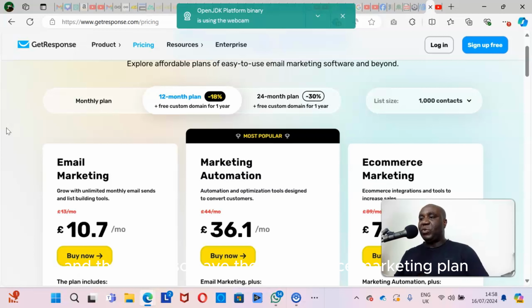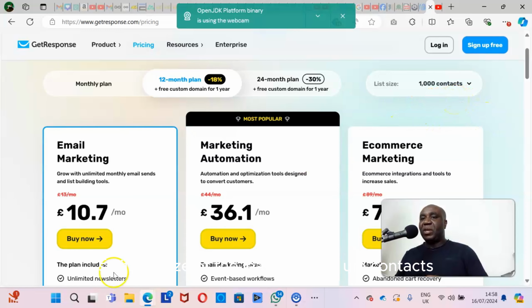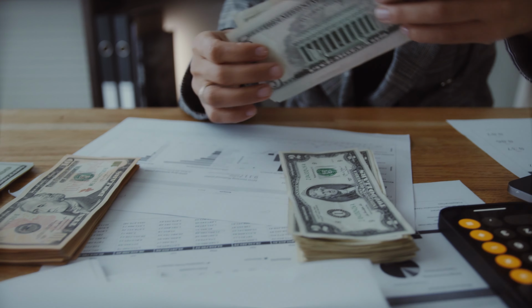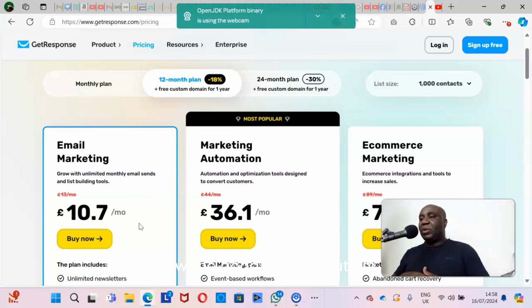You look at the size of the list: if the list is 1,000 contacts, it's $10 for 1,000 contacts. The good thing about Getresponse is that it allows you to sign up free for 30 days, and for even the first 500 contacts, and sometimes even the first 1,000 contacts, absolutely free.